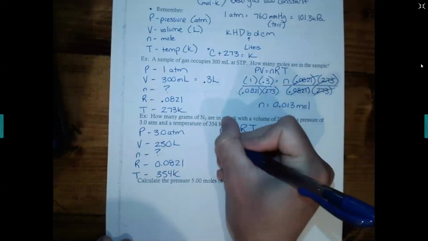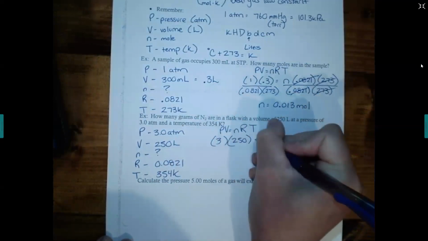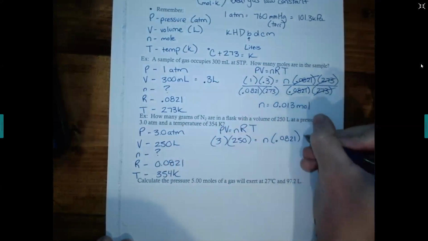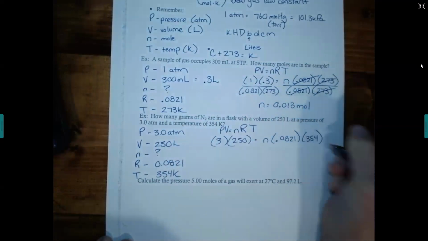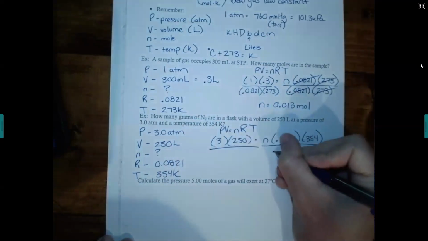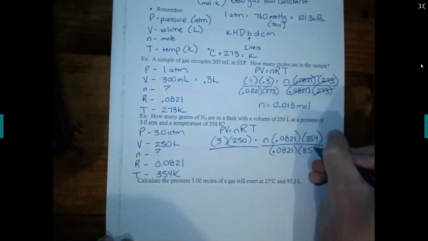So we'll plug everything in. 3 times 250 equals n times 0.0821 times 354. Now, just like we did in the previous example, you're going to want to divide both sides by 0.0821 and by 354.